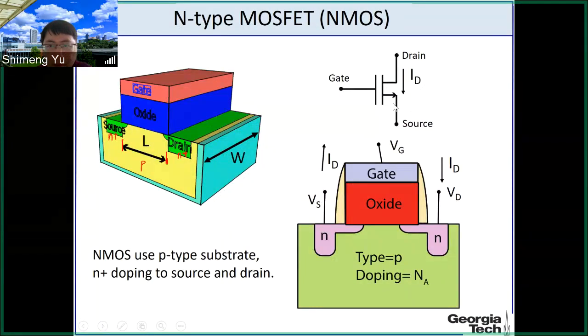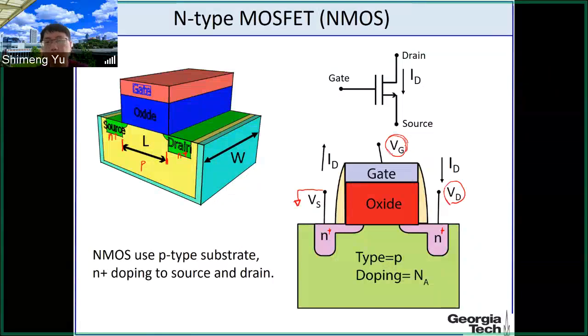This is the circuit symbol for the NMOS. We have a gate, a drain and a source. Then this is a cross-sectional view of this MOSFET structure from the side. Again, this is a p-type substrate, and then the n-type source and drain doping. Then we have voltage applied to the gate and the drain, and typically for the NMOS, the source is grounded.